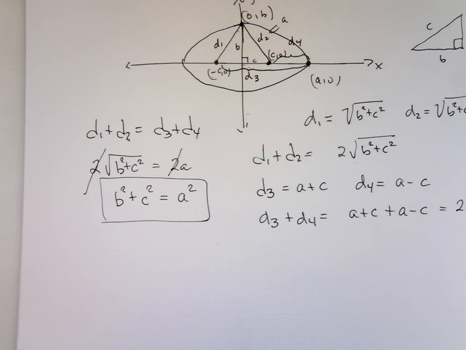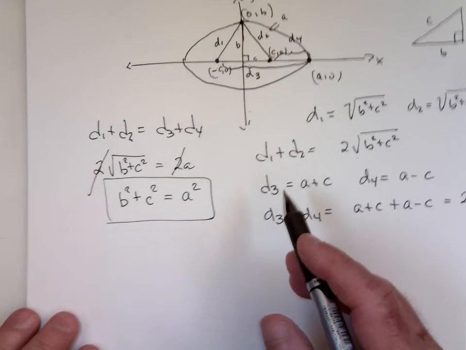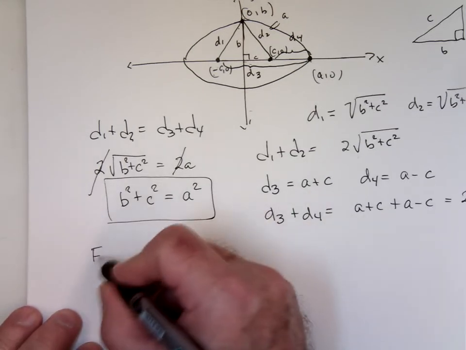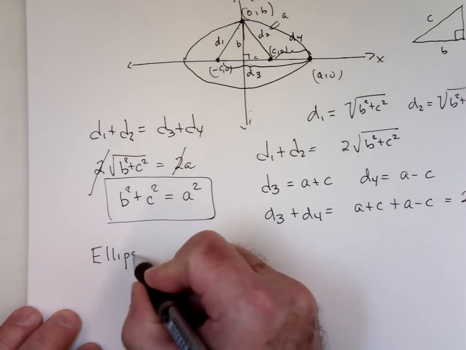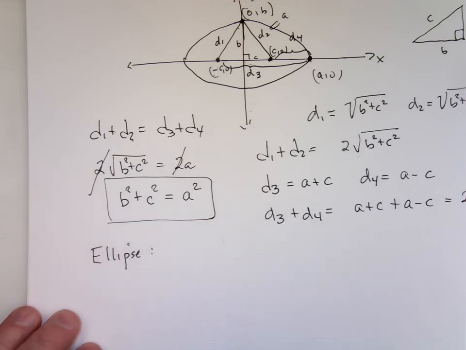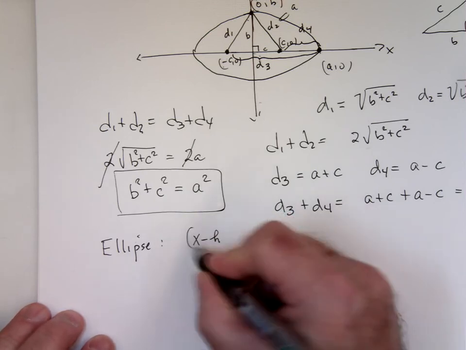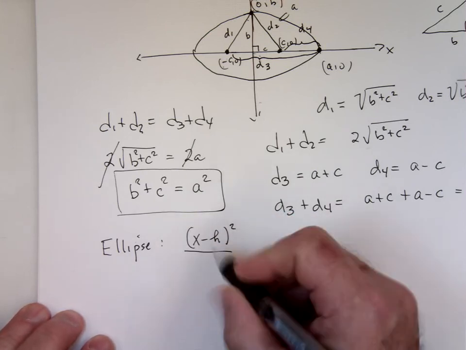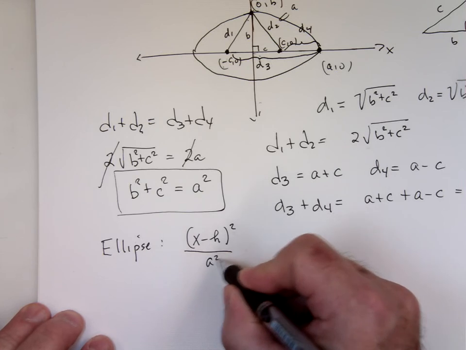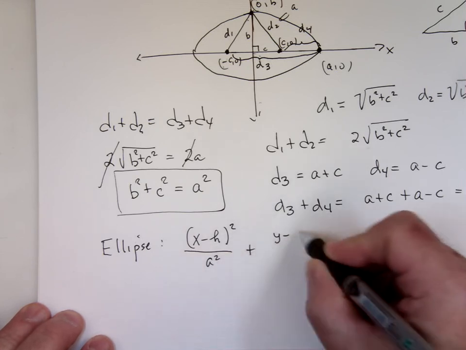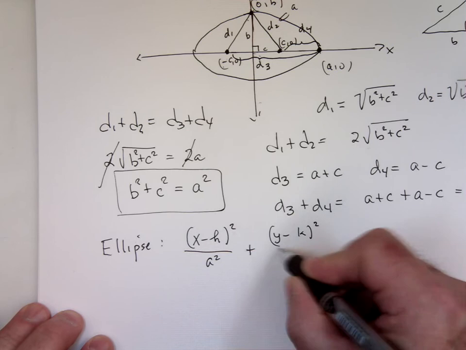What else do we have to do here? We have to move the ellipse off the origin. So let's move it off the origin and get the general form for an ellipse. The general form for an ellipse is x minus h squared over a squared plus y minus k squared over b squared is equal to 1.